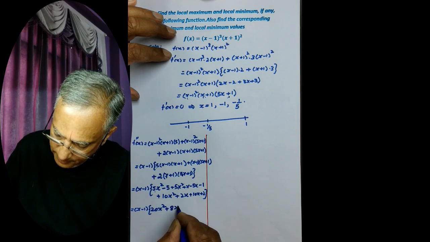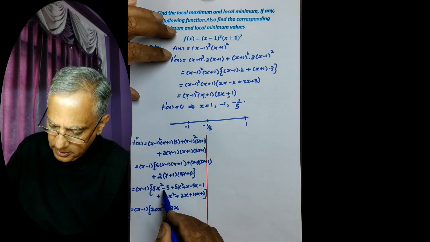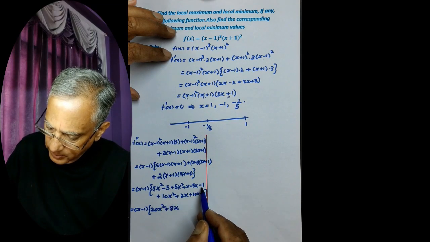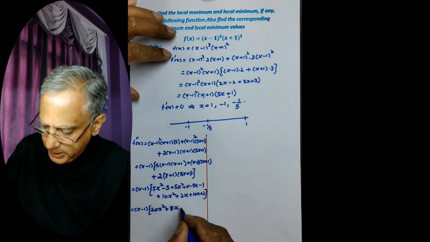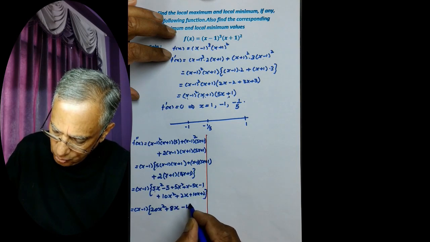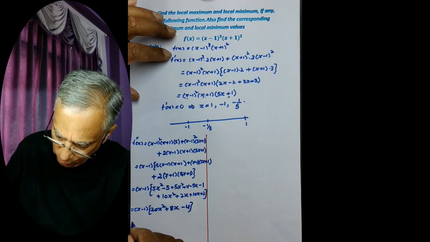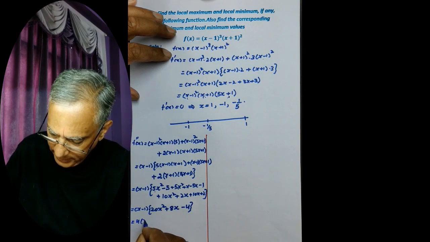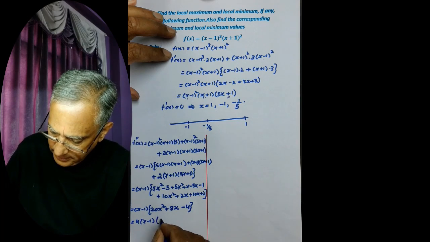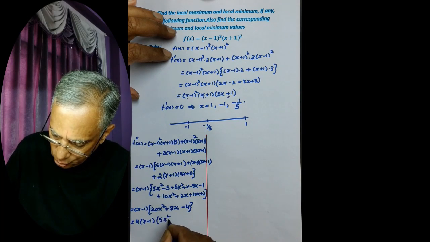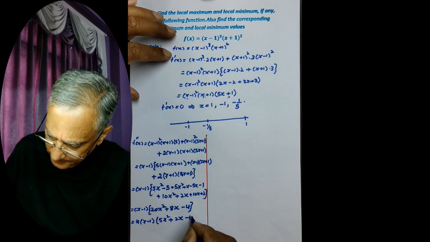So this will be 8x. Now the constant term: minus 5, minus 1, minus 6. Minus 6 plus 2 is minus 4. So we have 4 into (x minus 1). 4 is common. So we get 5x square plus 2x minus 1.